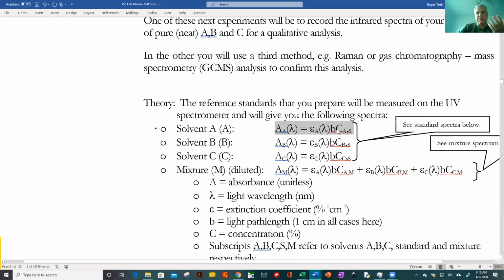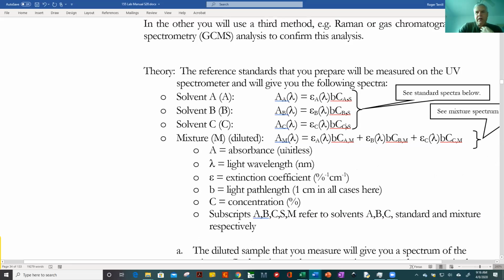We know the concentration because we made it or we got it. B is 1, and the extinction is just the ratio of A over C, so we can calculate the extinction. And that's true for all three components here.